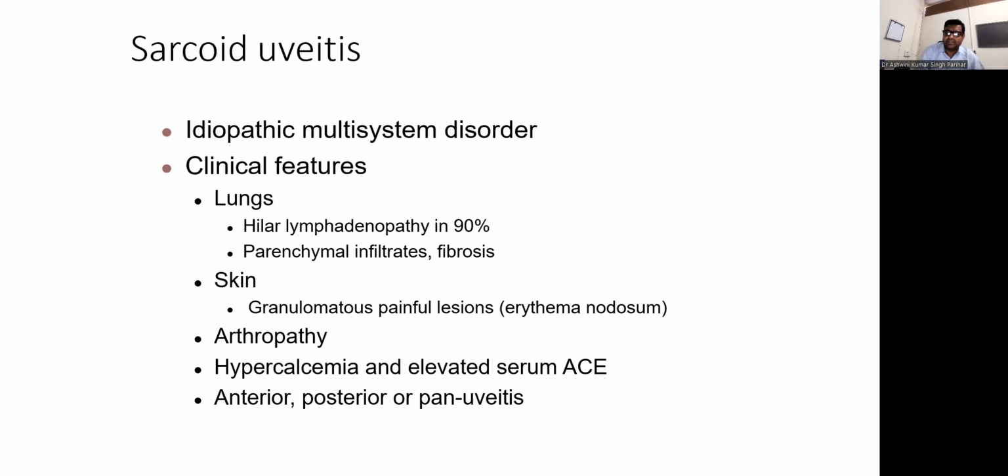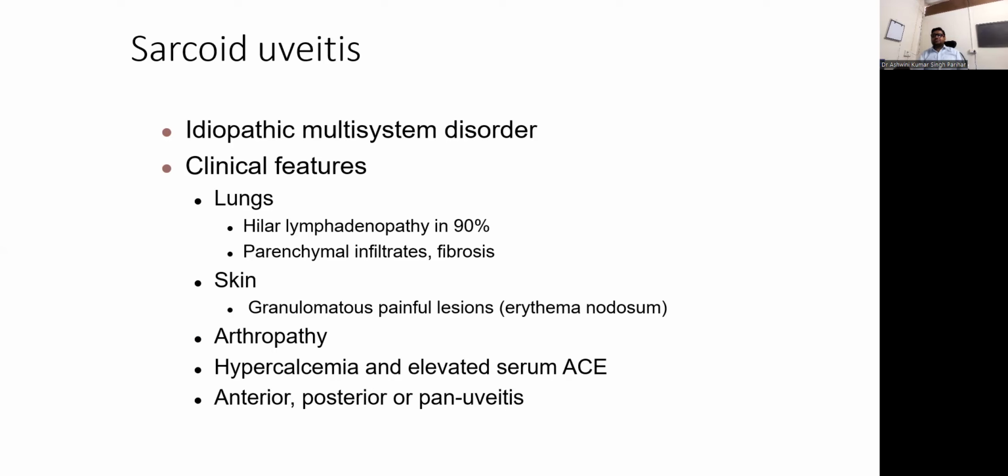That's why a chest X-ray is quite an important investigation which we should get done in patients when we suspect sarcoid or multisystem disorders. There will be fibrosis, exudates, and parenchymal infiltrates in the lungs, along with the hilar lymphadenopathy. The patient will have joint problems also, and the classical features: the patient with sarcoid has hypercalcemia on examination and elevated serum angiotensin converting enzyme. The ACE levels will be markedly elevated in sarcoidosis.